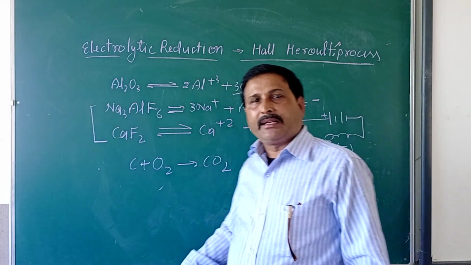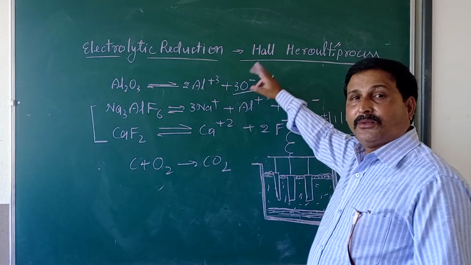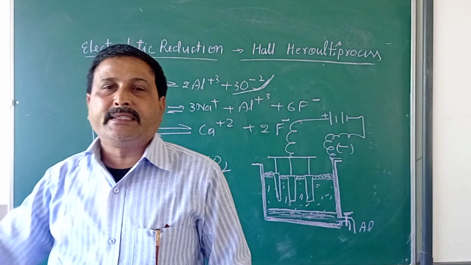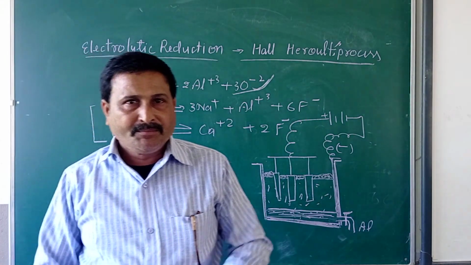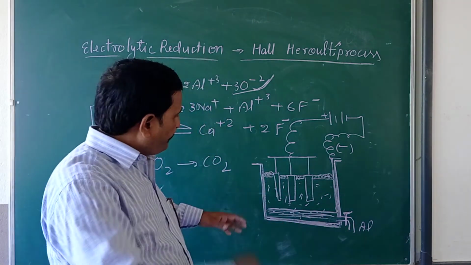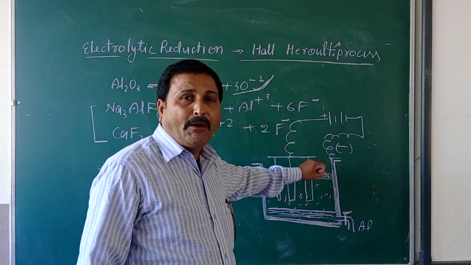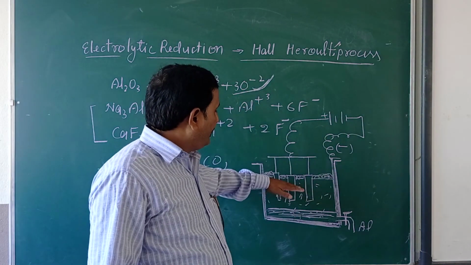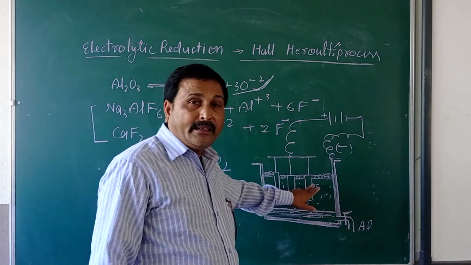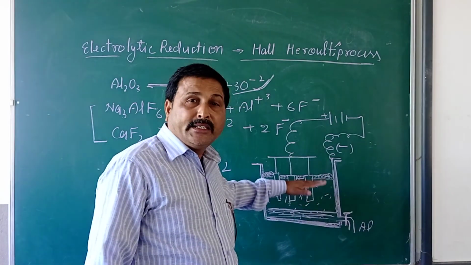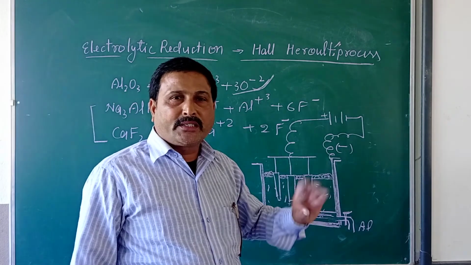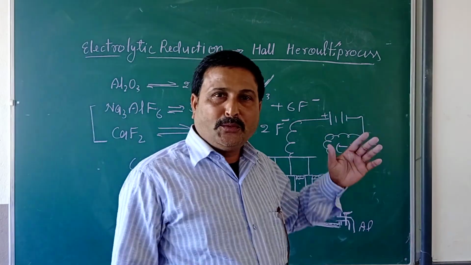They reduce the melting point from 2050 to 950 degrees Celsius and enhance the mobility or conductivity of the electrolyte. Next question: why do we sprinkle powdered coke over the surface of the electrolyte? It reduces burning of the carbon rod or anode and also prevents heat energy loss by radiation. So you prepare this.